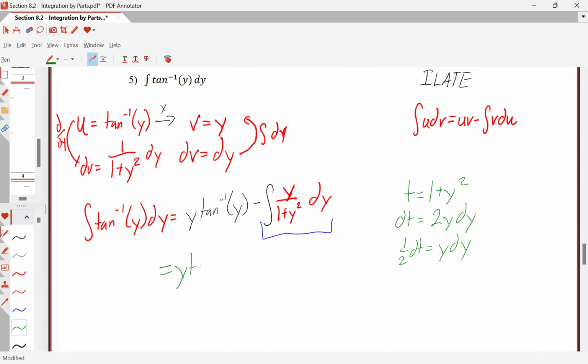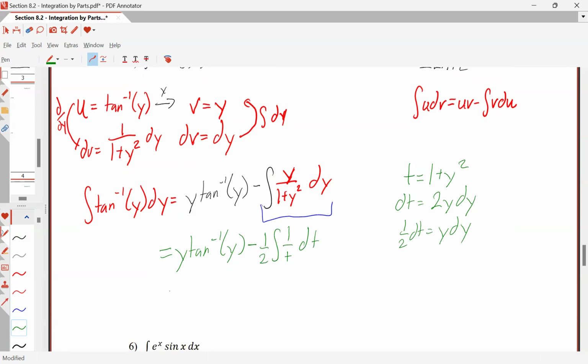Making this substitution now, keeping the old part that we already know, minus, rewriting our integral in terms of t, we will have 1/2 the integral of 1 over t dt. 1 over t integrates to the natural log of the absolute value of t plus c.